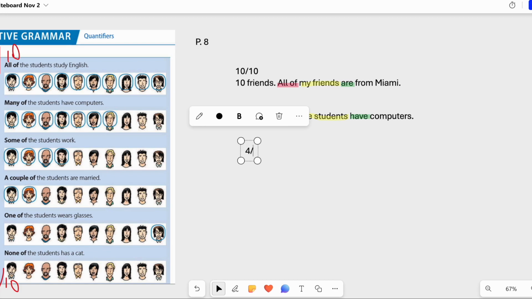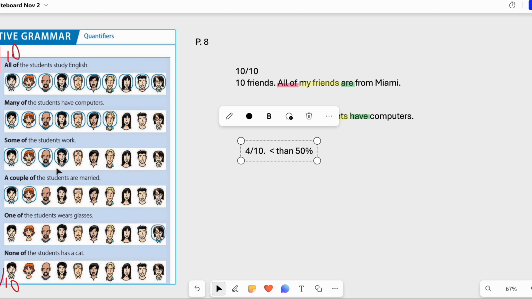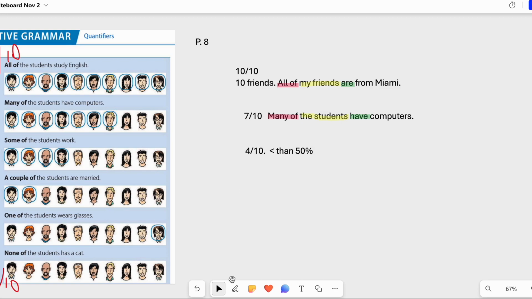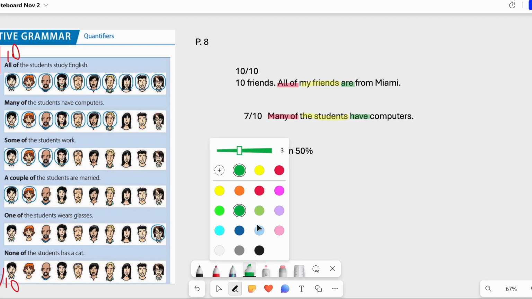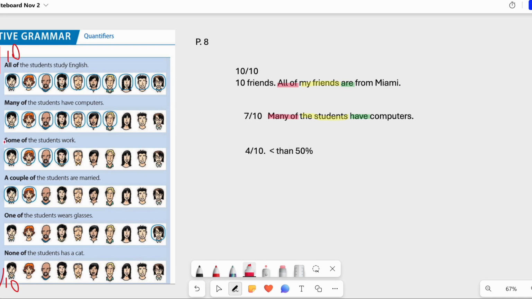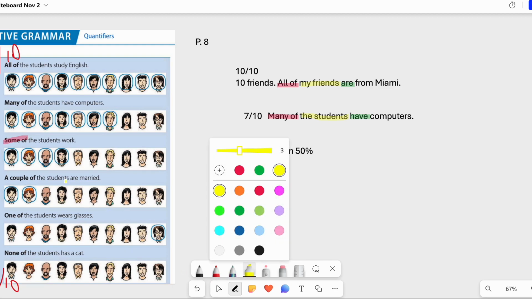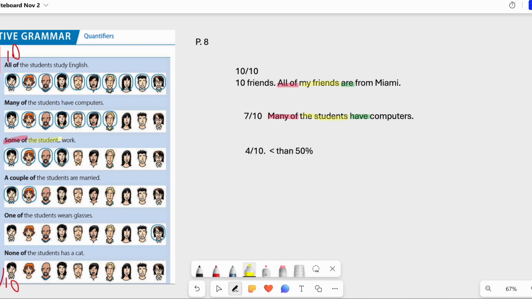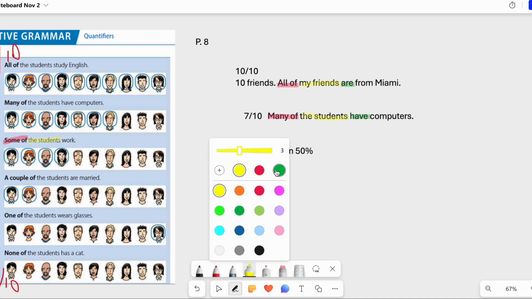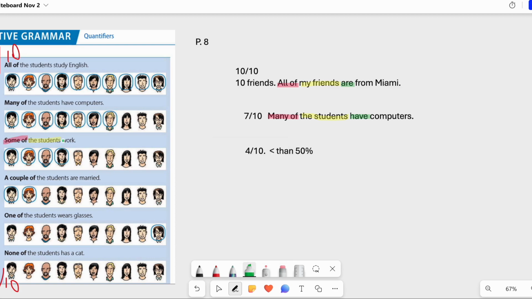Let's say 4 out of 10. Less than half. Okay? Less than 50%. That's when you say some. You see, some of the students.